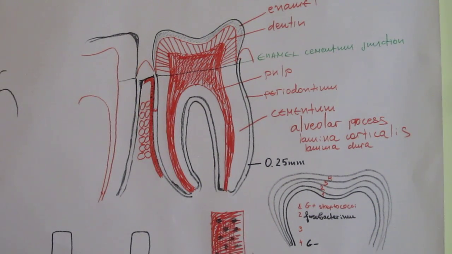These collagen fibers, ligaments, are produced by fibroblasts. Fibroblasts are one of the cells of this periodontal space here. Except fibroblasts, there are osteoclasts and osteoblasts also.